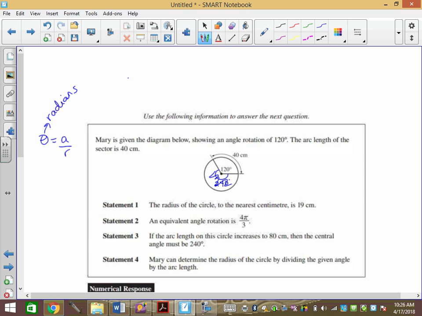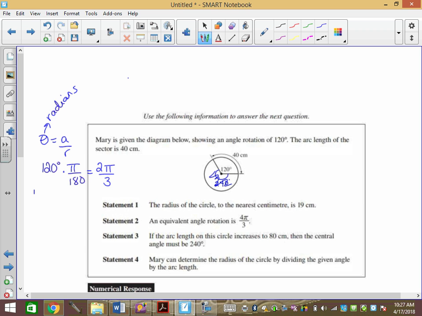Okay. So the radius of the circle is 19 centimeters. So we'd first have to convert the 120. So degrees to radians, pi on top. And so what do we get? Nope. 2 pi over 3. Okay.